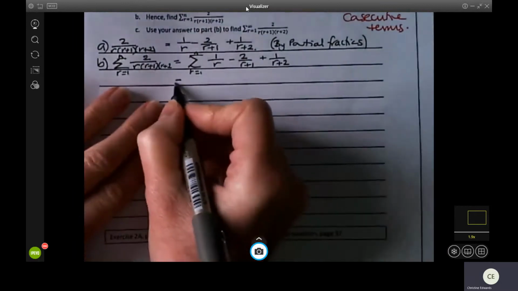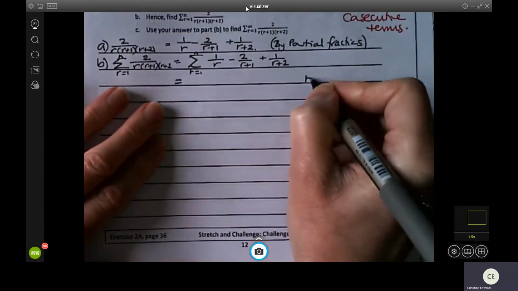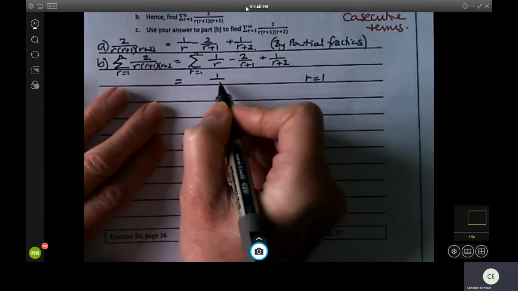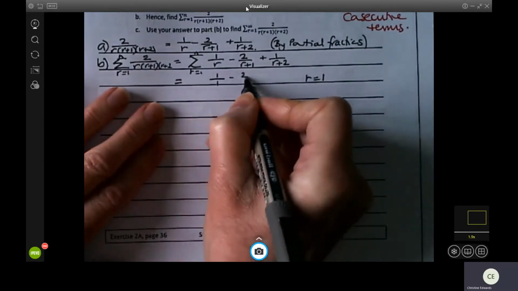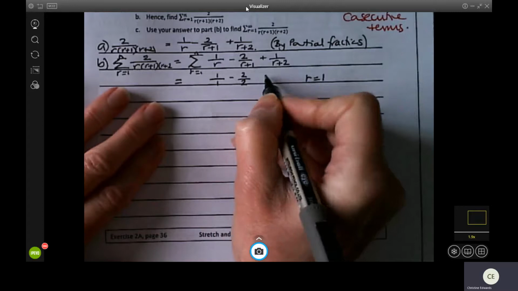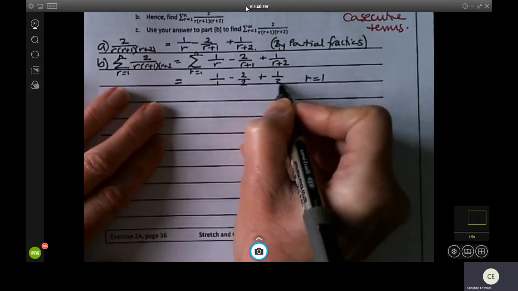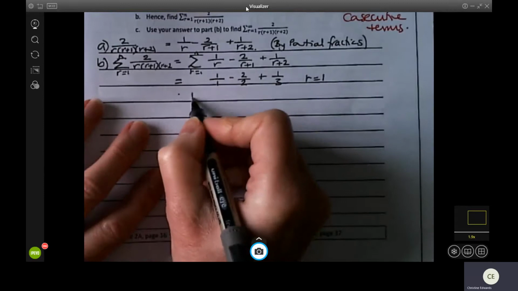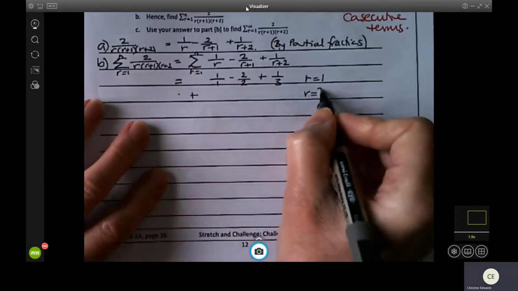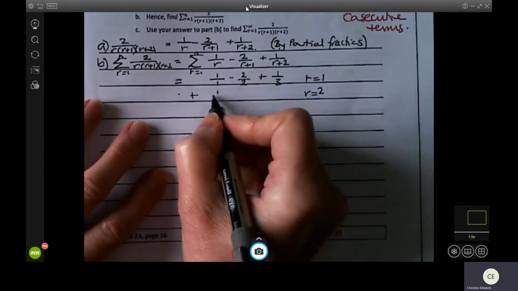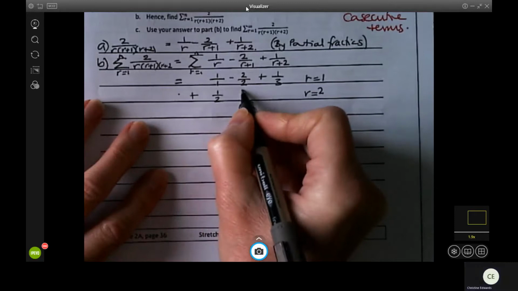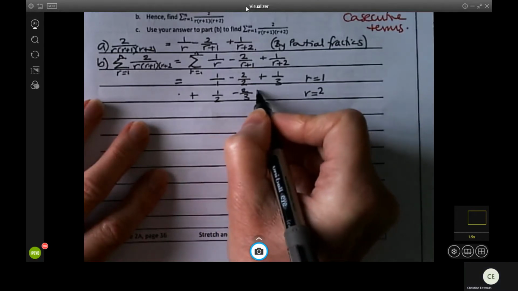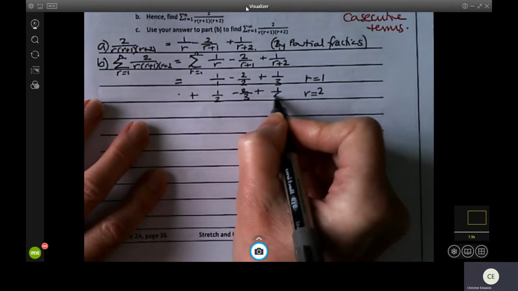And that's going to equal, and we're going to let r equal 1. So that's 1 over 1 minus 2 over 2 plus 1 over 3. Notice I'm not cancelling down. Plus r equals 2: 1 over 2 minus 2 over 3 plus a quarter.